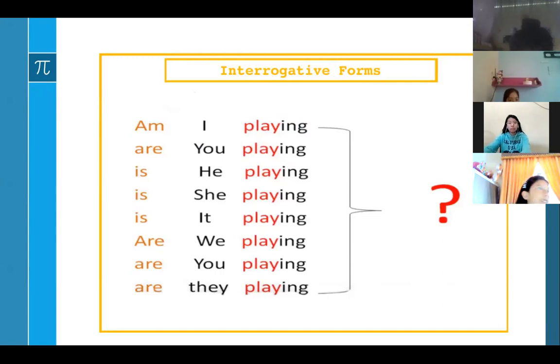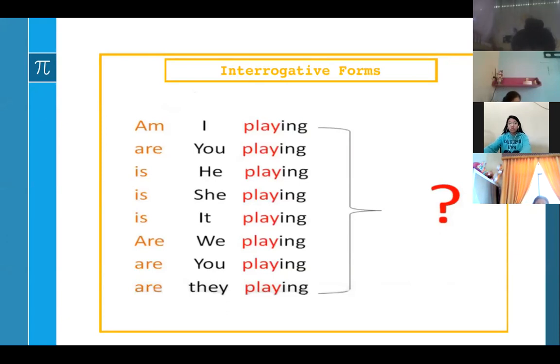For example, am I playing tennis? Are you playing tennis? Is he playing tennis? Is she playing tennis? Is it playing golf?